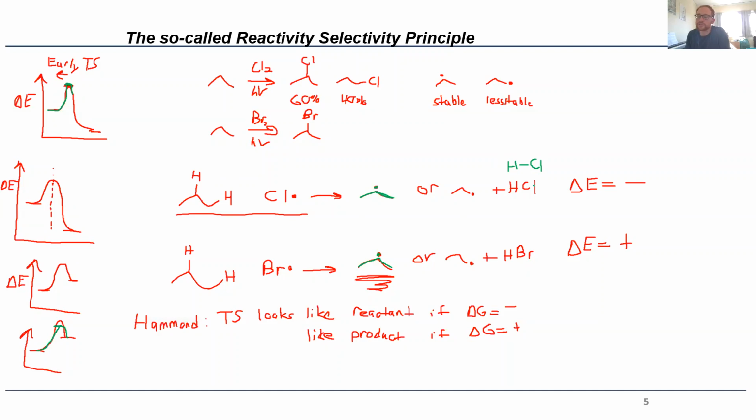And so this reaction is exothermic. Alkyl CH bonds are in the mid 90s. I do believe that this is around 100 kilocalories per mole. And so we're forming a stronger bond than we're breaking. And in the case of the HBr bond, the HBr bond is slightly weaker than the CH bond. And so that reaction is endergonic.